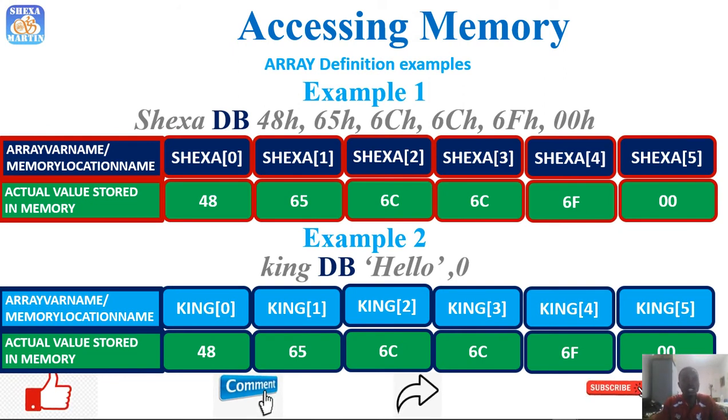these two arrays, Shexa DB and king DB, they only differ on array names, but the values are just the same. It's only that king is initialized to a certain string, and Shexa is initialized to hexadecimal byte values.